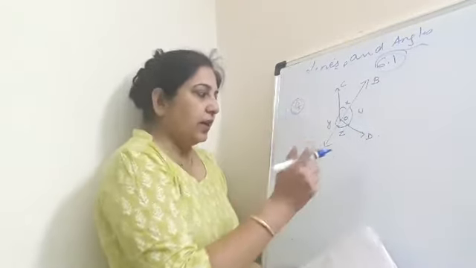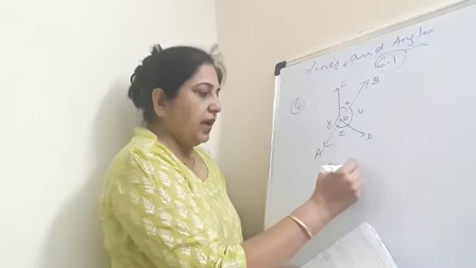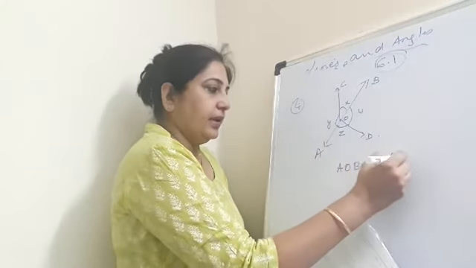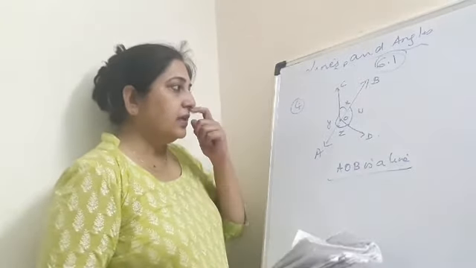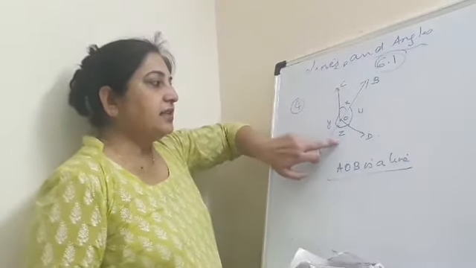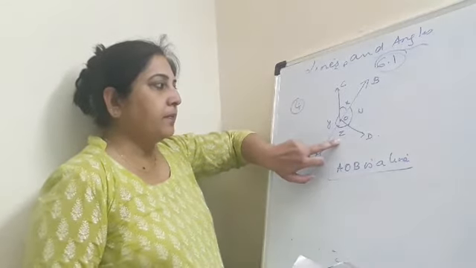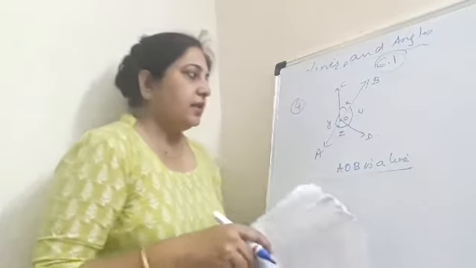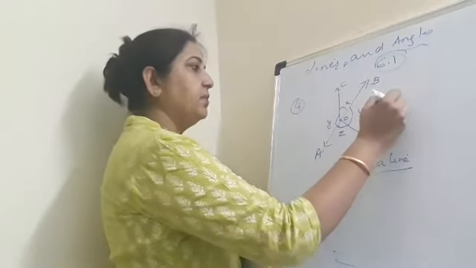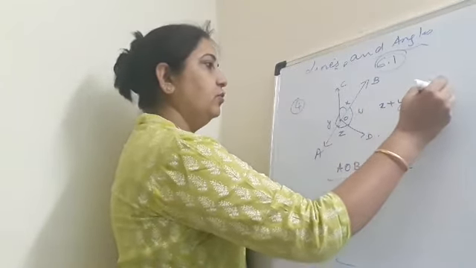We have to prove that AOB is a line. To prove that AOB is a line, we need to prove that either W plus Z is equal to 180 degrees or X plus Y is equal to 180 degrees. Okay, so let us take, and it is given that X plus Y is equal to W plus Z.